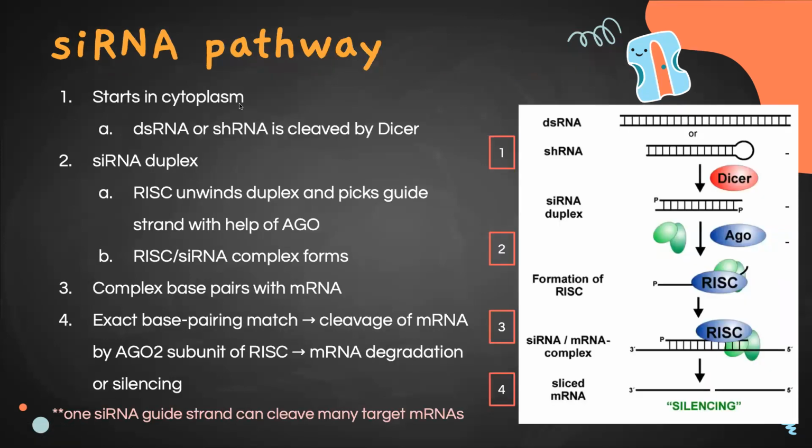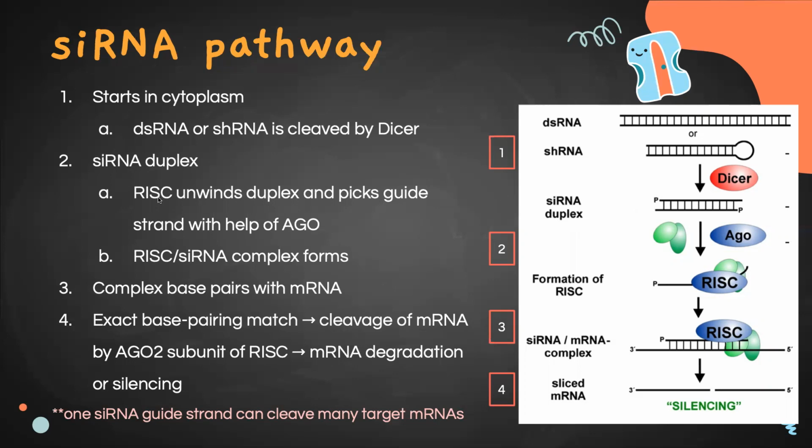Okay, so the specific mechanism of the pathway. Like I said, it comes from outside the cell, but then the pathway itself starts in the cytoplasm, whereas miRNA started in the nucleus. So because it starts in the cytoplasm, the double-stranded or single-stranded RNA is cleaved by Dicer to become the smaller 20 to 25 base pair duplexes.